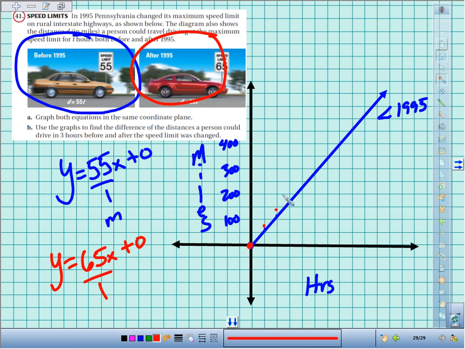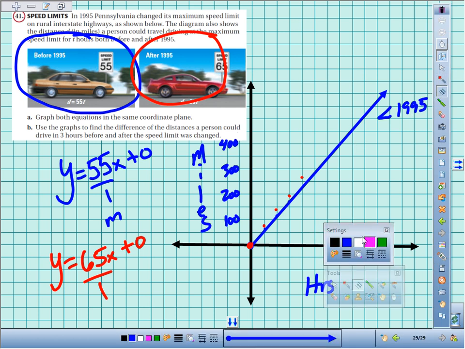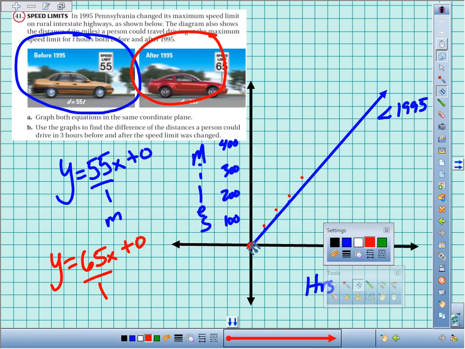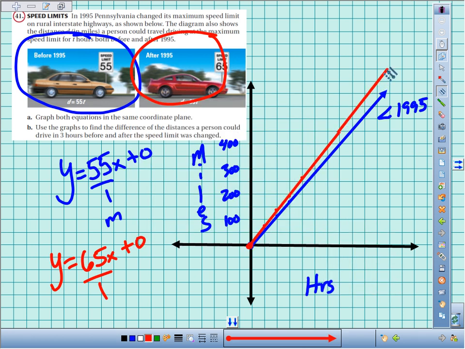Up 65 to 195 over 1. Up 65 over 1. It's going to be something like that. If you graph that one, you can see it's very close. It just is a little steeper because of the extra 10 miles per hour.